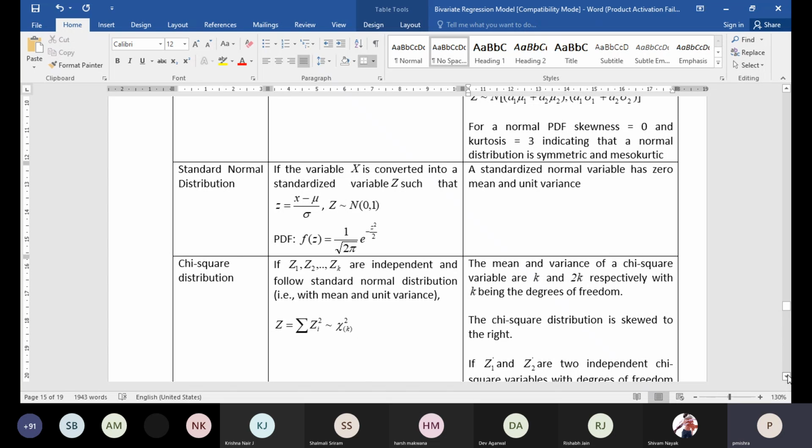If we convert x into z in this fashion, then z will follow standard normal distribution, which essentially suggests that the mean would be 0 and the variance would be equal to unity. So here z will follow standard normal distribution with 0 mean and unit variance.